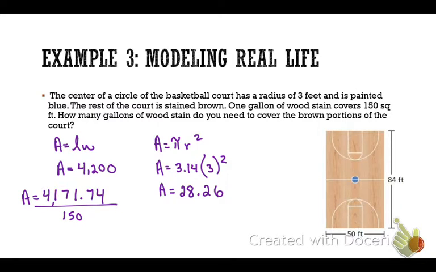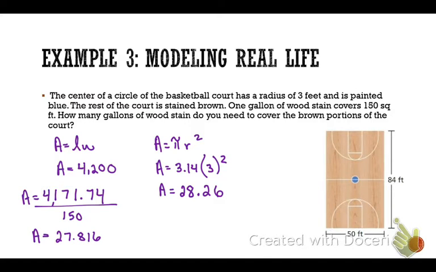So how many gallons do I need? What's my decimal value? What's 4,171.74 divided by 150? All right, so 27.816.